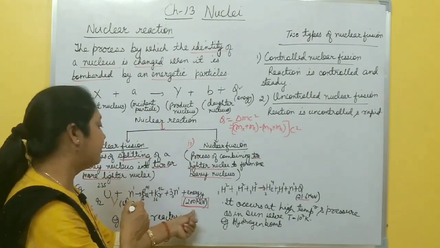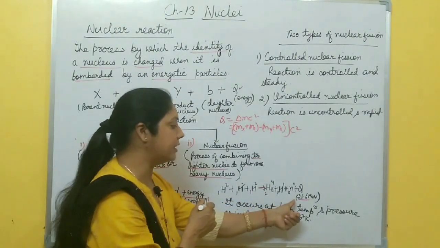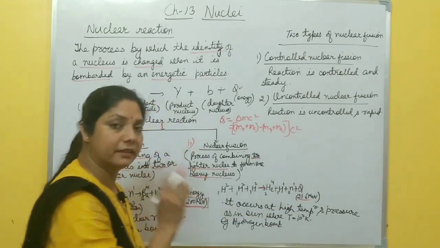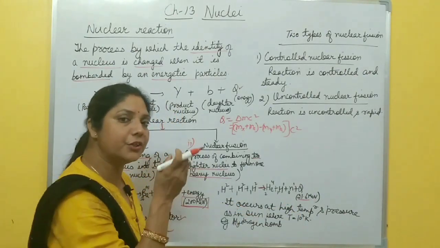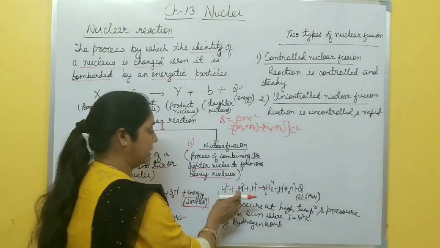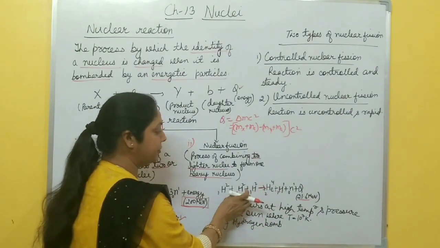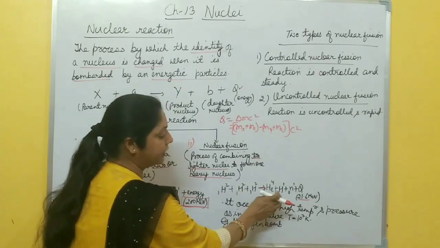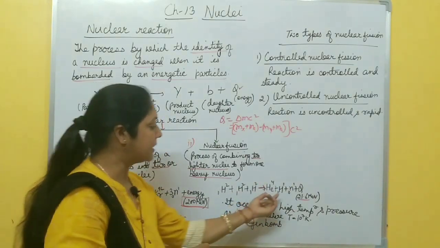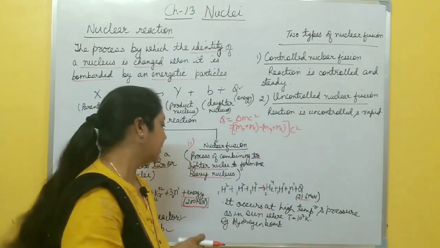Energy released in nuclear fission is greater than energy released in nuclear fusion, but energy is released. Why? Due to the difference in masses of reactants and products. Here the mass of reactants during fusion is also greater than the mass of the products.